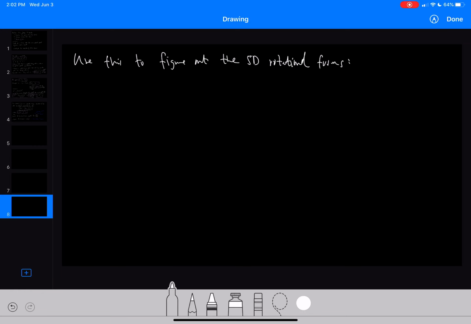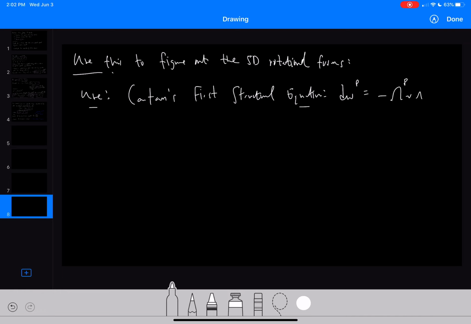forms. Okay, so this is a pretty easy thing to do because we have equations in differential geometry that allow us to do that. So the way we figure this is we use what is known as Cartan's first structural equation, and that is given by dW^p equals minus omega^p_nu wedge W^rho, right?